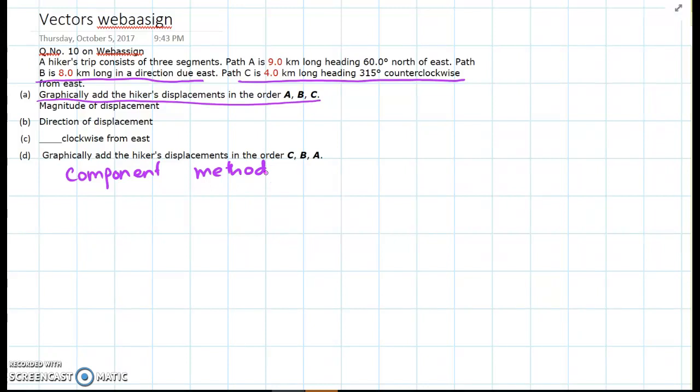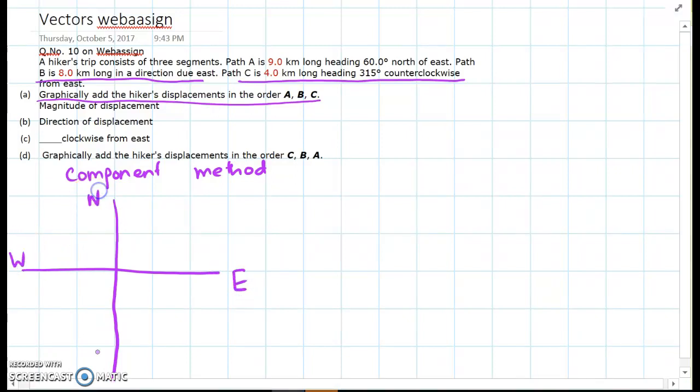So let's take the first vector. Let me draw the reference directions. So this is my east, west, north, south. The given vector is 60 degrees north of east and is 9 kilometers long.